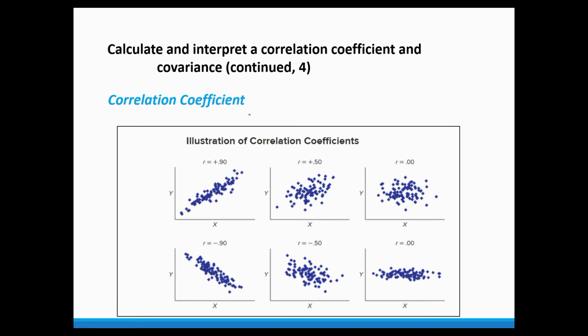This figure shows how we can interpret the correlation coefficients. If the data is scattered like this or like this, the r of course in these two cases would equal or approach zero, and we would say that there is no correlation between the two variables.